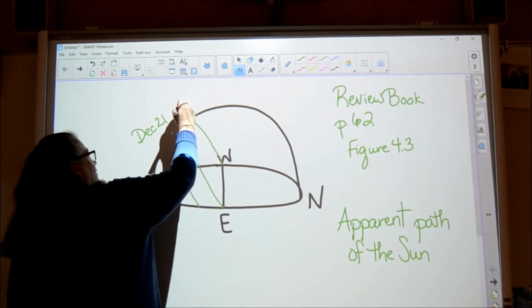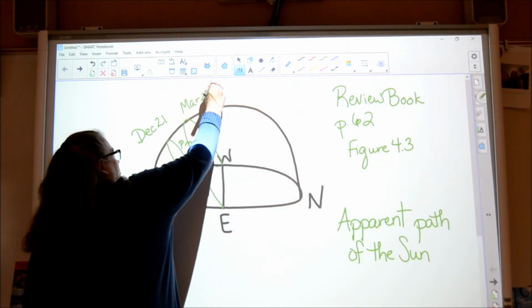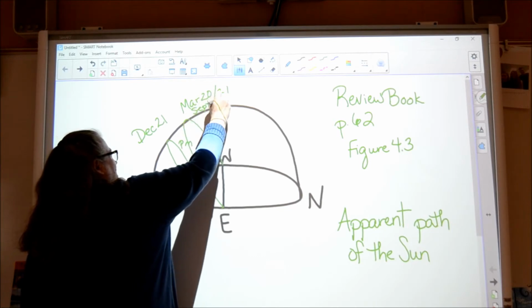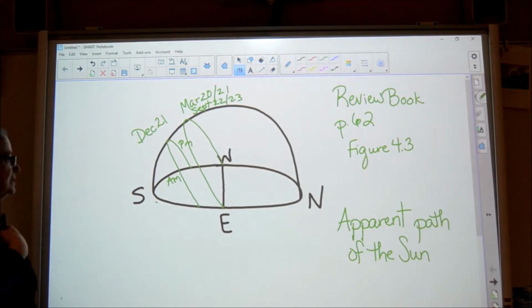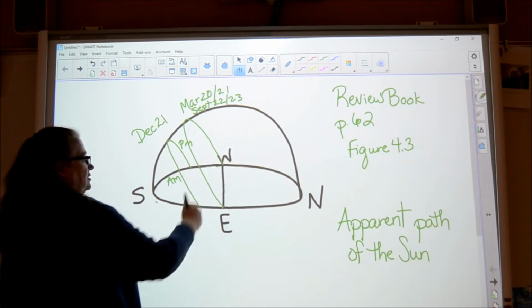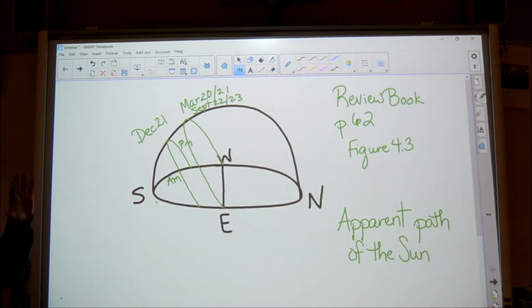So that's either March 20th, 21st, September 22nd, 23rd. Now, that's how it's going to appear for us. So it's rising east and setting in the west. Remember, equinox, everyone on the earth has about 12 hours of daylight and darkness.